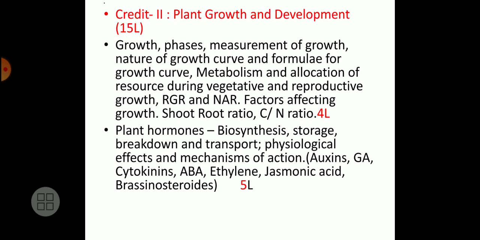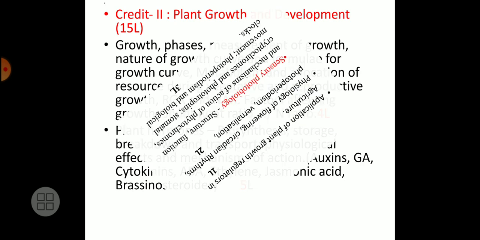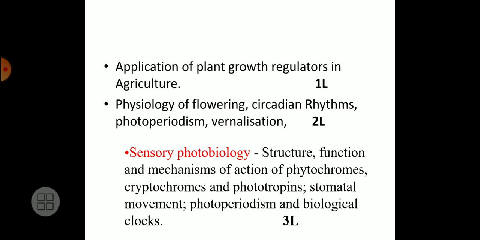For example, we know that nowadays artificial growth hormone or ethylene is used for the ripening of fruit. So definitely there are some applications and uses of all these things that we have to learn in this topic, my friends. These are applications of growth regulators in agriculture, to increase the rate of yield.